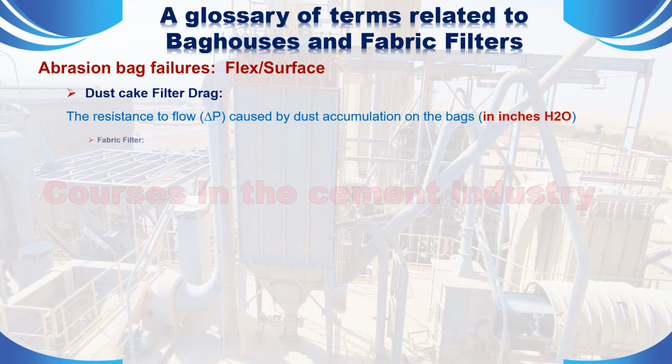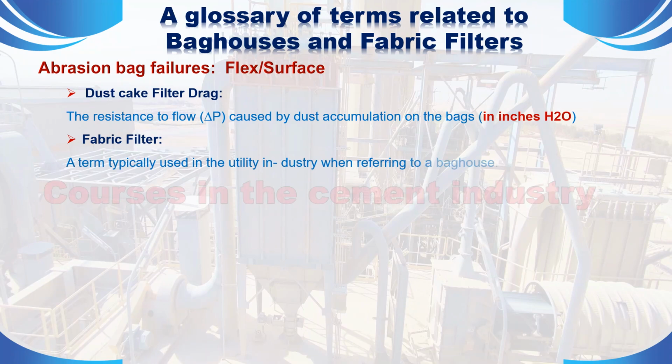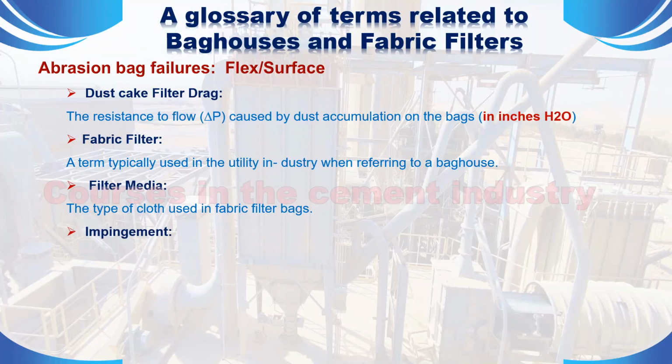18. Fabric filter. A term typically used in the utility industry, when referring to a baghouse. 19. Filter media. The type of cloth used in fabric filter bags. 20. Impingement.